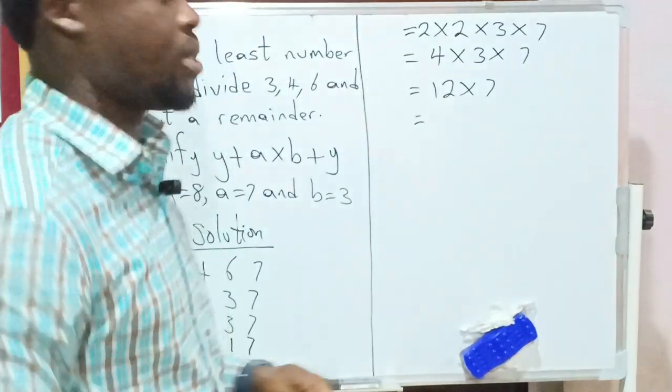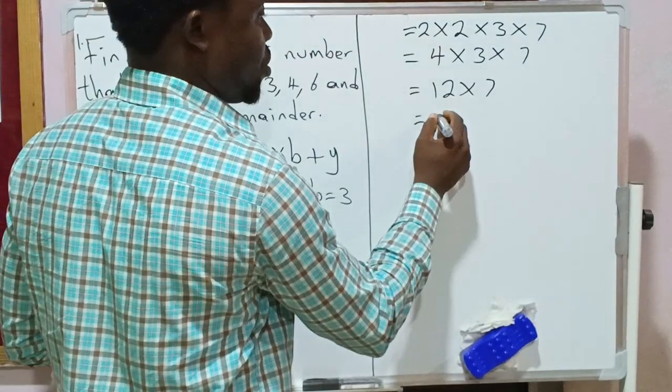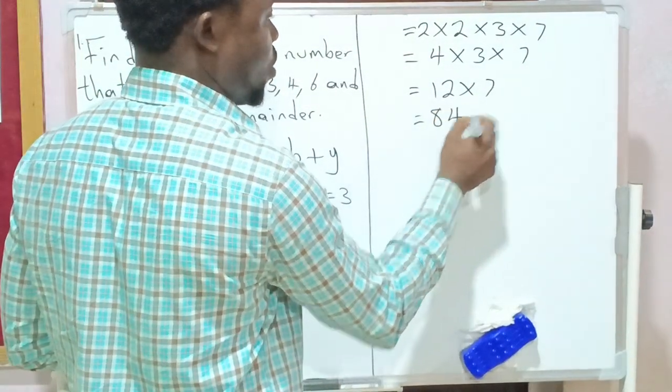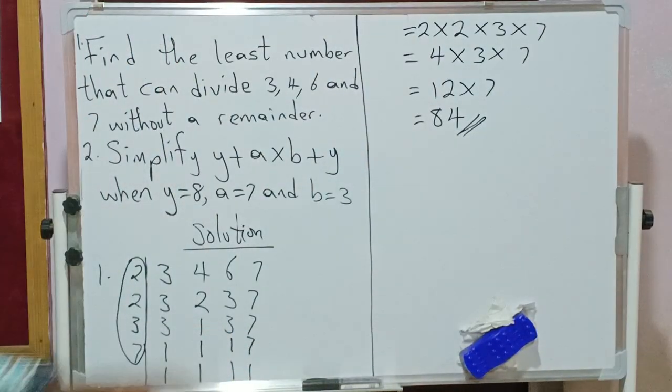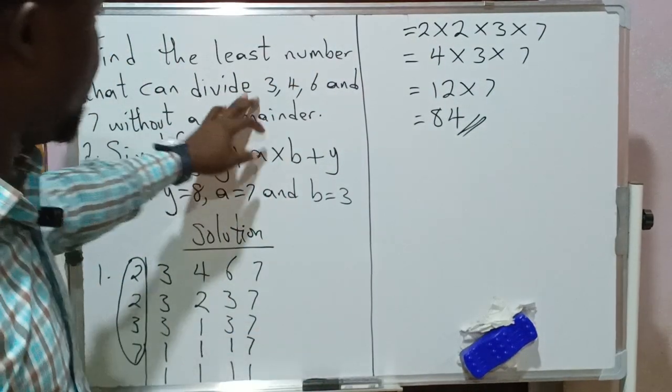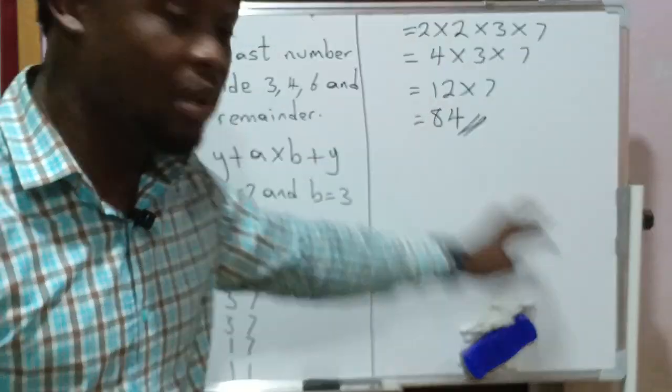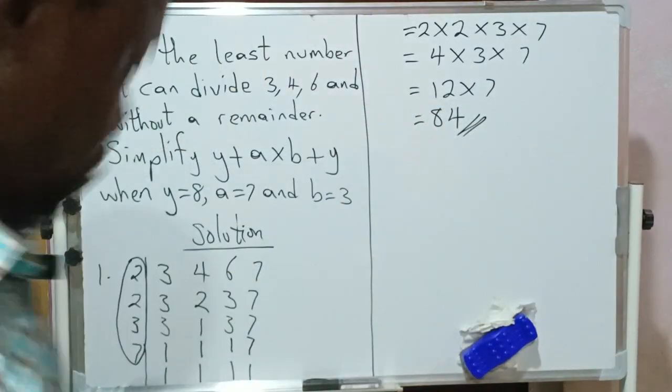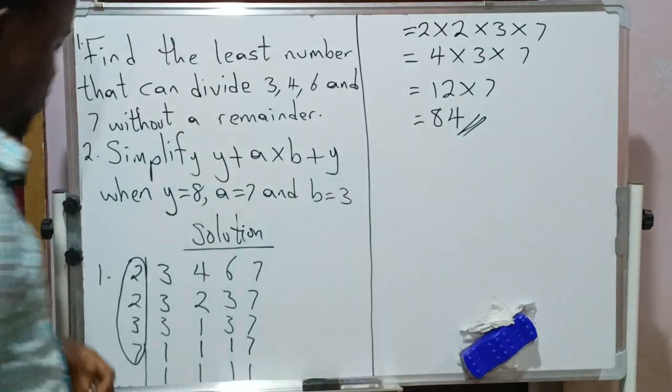So what is 12 times 7? Which is 84. So the least number that 3, 4, 6, and 7 can divide without any remainder is 84.